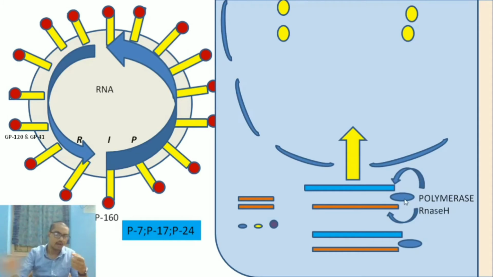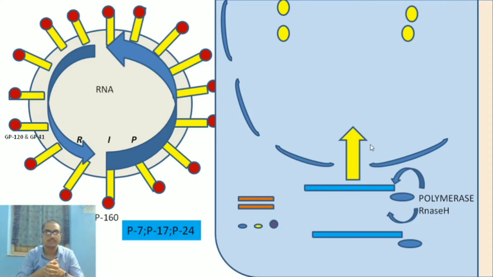By this RNase H activity, the old RNA strand will be destroyed and released out from the cytosolic region of this CD4 plus cell. Now, the remaining proviral DNA will diffuse into the nuclear plasm. This is the nucleus, and inside the nucleus, the whole area is known as the nuclear plasm, because this is the cytoplasm of this nucleus.